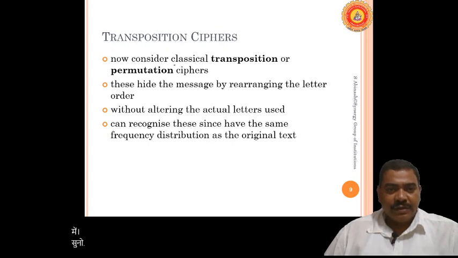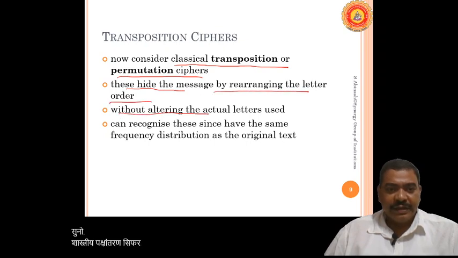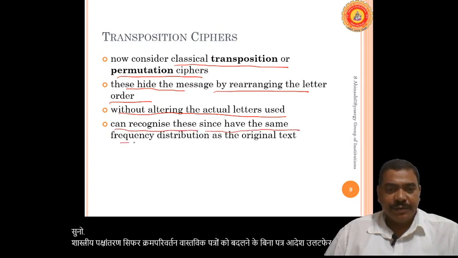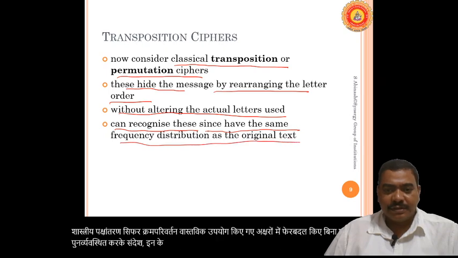That is known as the classical transposition cipher or permutation cipher. These hide the message by rearranging the letter order without altering the actual letters used. You can recognize these since they have the same frequency distribution as the original text.